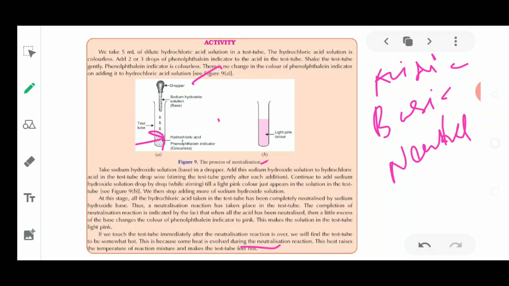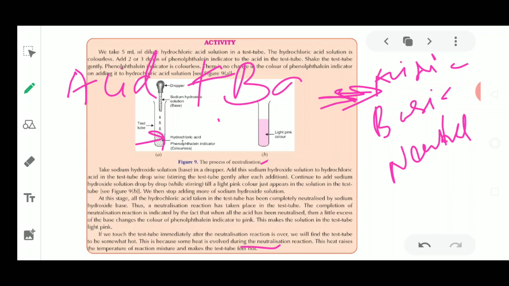So what do acidic salt, basic salt, and neutral salt mean? When we do this neutralization reaction with acid and base to form salt and water, and an acidic salt is formed, it means that a strong acid is taken.